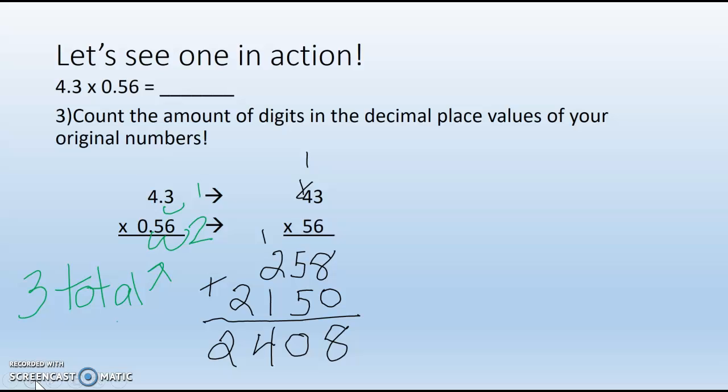So I ended up scooping once in the first number and twice in the second number for a total of 3 scoops in order for it to get to 43 times 56. I had to scoop 4 3/10 and slide that decimal over once to the right. And for 56/100ths, I essentially slid the decimal over twice to make it 56.